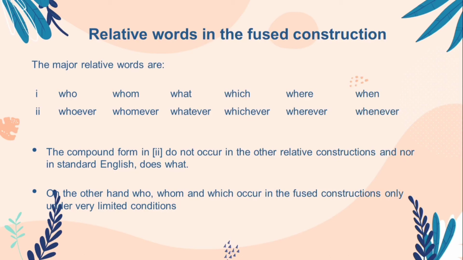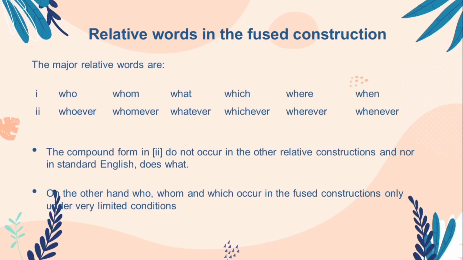And the next is wherever. Wherever refers to everywhere, regardless of where and no matter where. And the last is whenever. Whenever refers to every time, at any time, and regardless of when and no matter when.